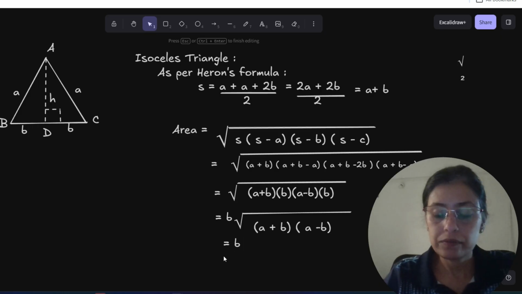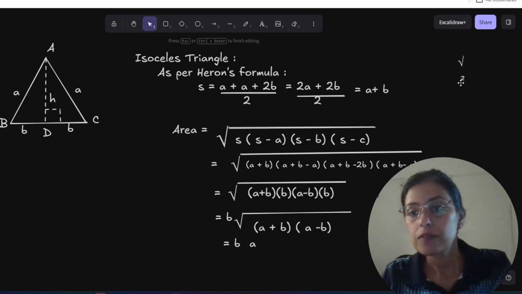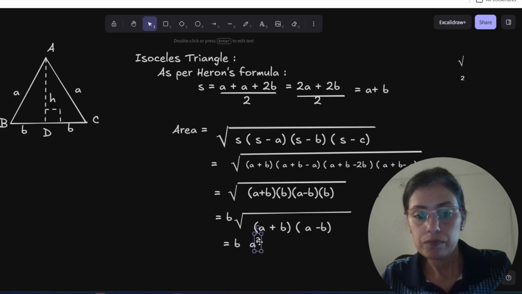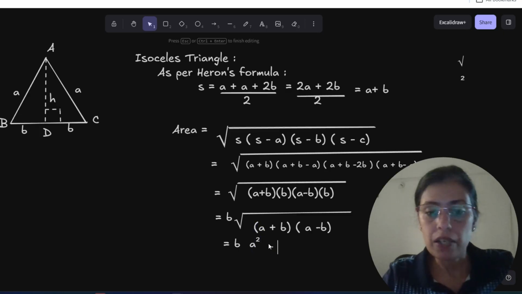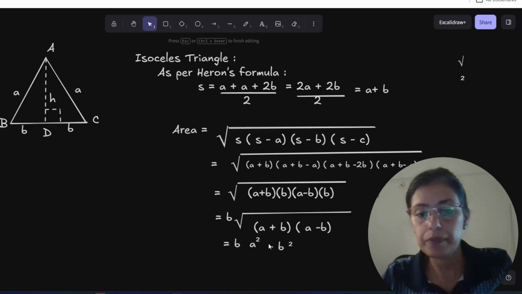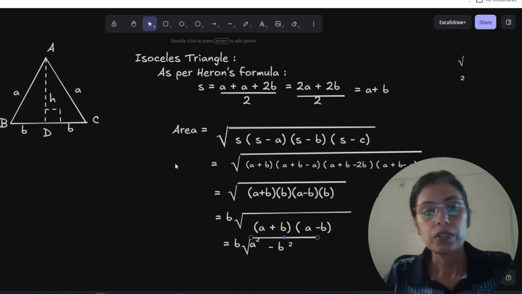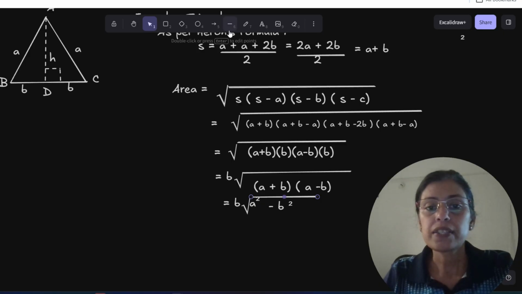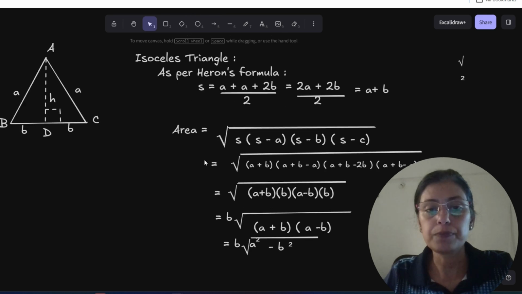And let me put the root symbol at the correct place. So this area is B into under root of A square minus B square. So this is as per Heron's formula, right?